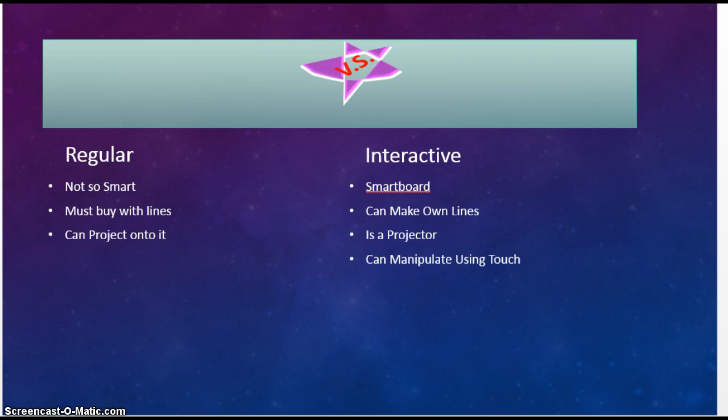You can just click a button and start writing with your hand or whatever. But it's very simple to use compared to using a whiteboard, whereas on the electronic interactive smartboard, you can have settings on to where there are lines that you can use to write straight and so forth.